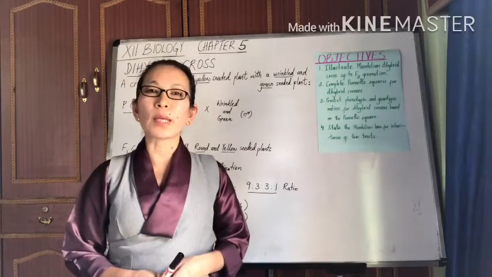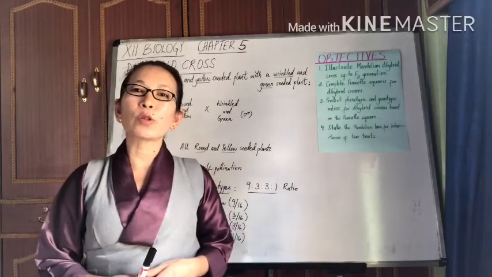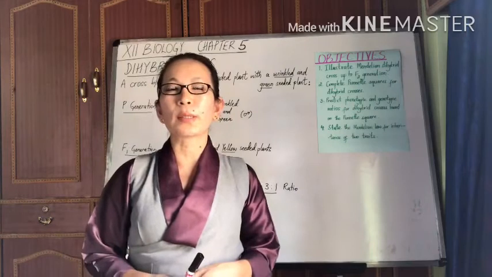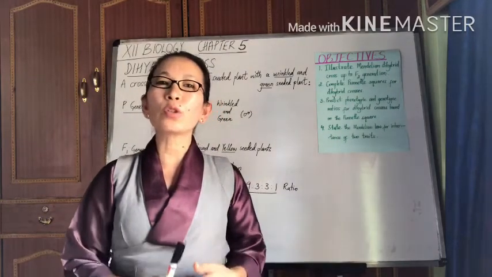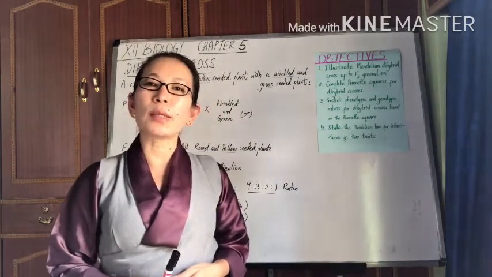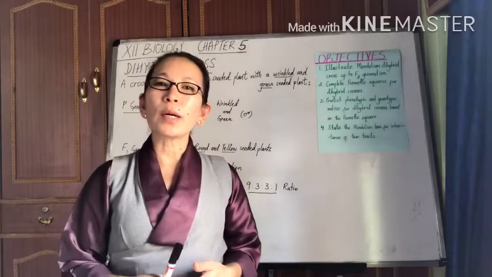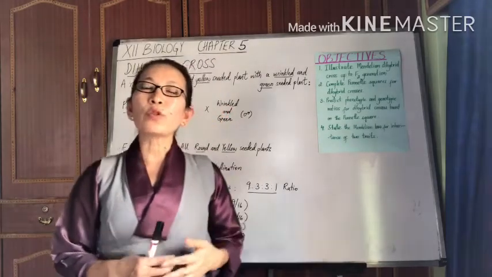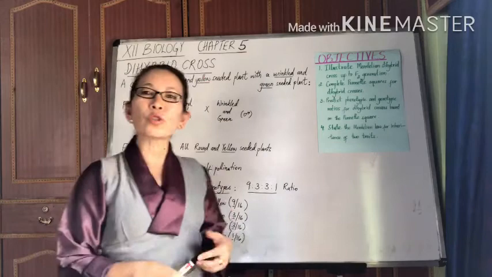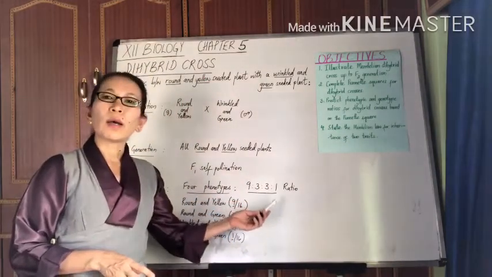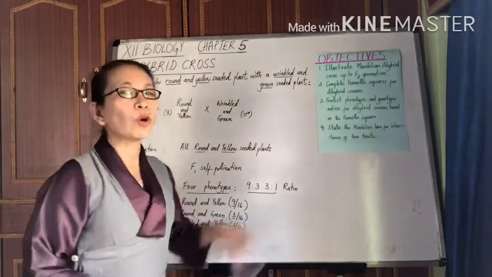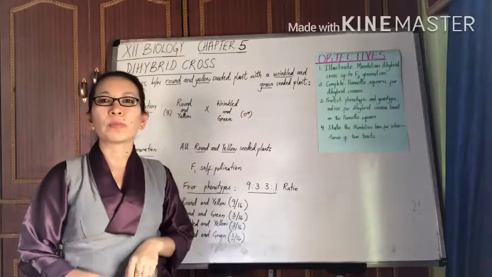To confirm his result, Mendel conducted dihybrid crosses for other combinations of traits. And from several thousands of the other dihybrid crosses that he conducted, he found a consistent F2 phenotypic ratio of 9:3:3:1, similar to that obtained for seed shape and seed color.